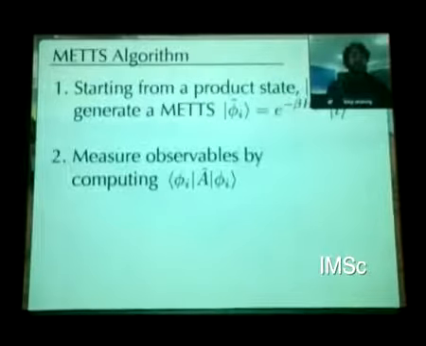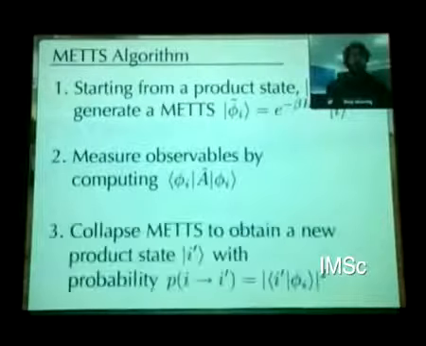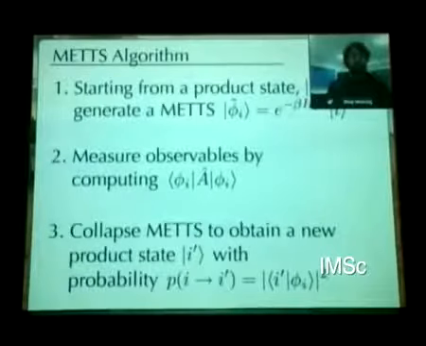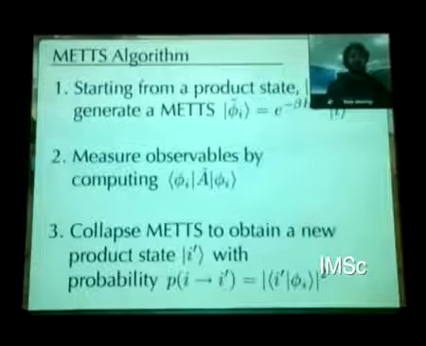Once you normalize it, you have this state, and you can measure any observable you like, including the energy or magnetization or any local observable, and you save those numbers, and then you average those numbers at the end to get the thermal average. And then when you're done with that METTS, you have to collapse it by that method I just showed, and that gives you a new product state automatically with this probability, I prime overlap with phi I, squared. And so that's guaranteed to give you the next METTS with the correct probability.